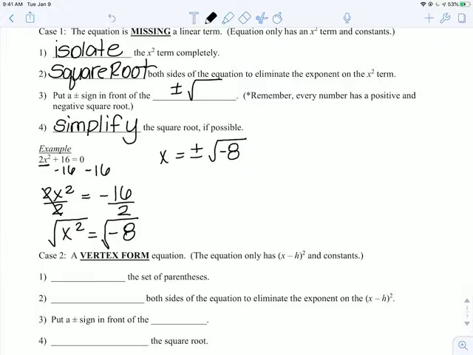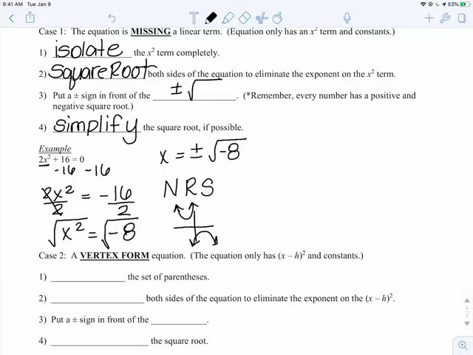In other words, there's no way that you can square a negative number and get a negative out of it. So in this particular problem, because we've ended up taking the square root of a negative number, we're going to have an answer of no real solutions. So this would be an example of a quadratic that is either turned up above the x-axis or turned down below the x-axis. It's not crossing the x-axis.